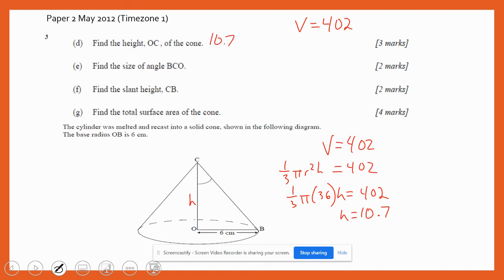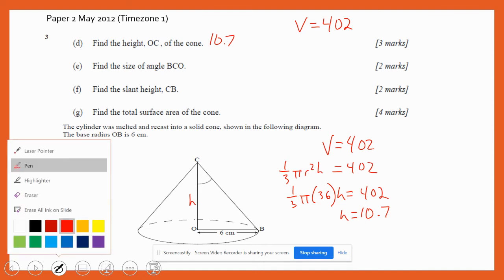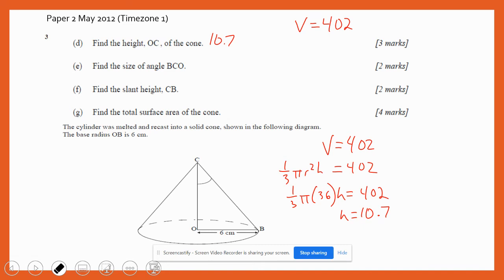It says find the size of angle BCO. So no matter what you get for the height, if you can't get something, just make something up. We got an answer, so we're going to go with it. It says find angle BCO. So there's my angle. It's even marked on there. The way to find that angle is to see we have a right triangle here.